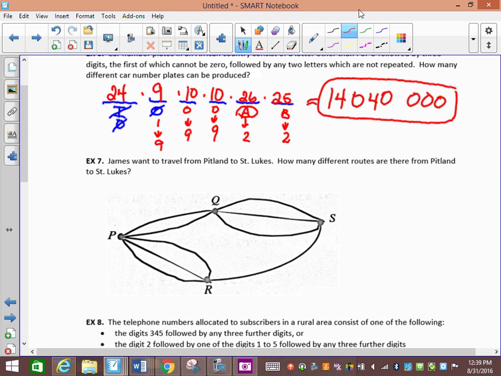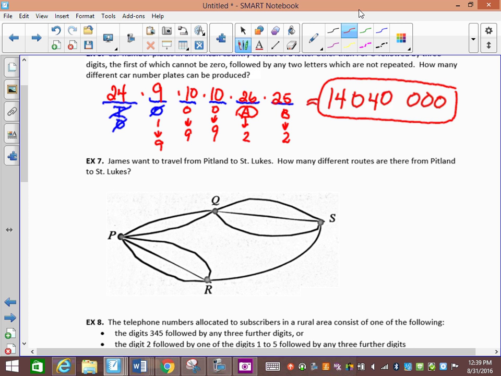You could go, okay, I have 1 path here, and then 2, 3, 4, 5, 6, 7, 8, 9. You finish with 9 paths, right? You use the fundamental counting principle because it's parts that make a whole.